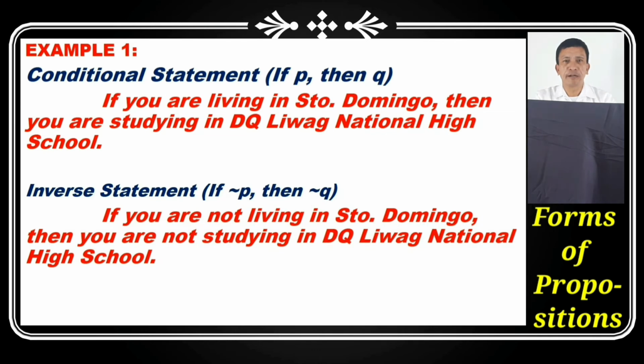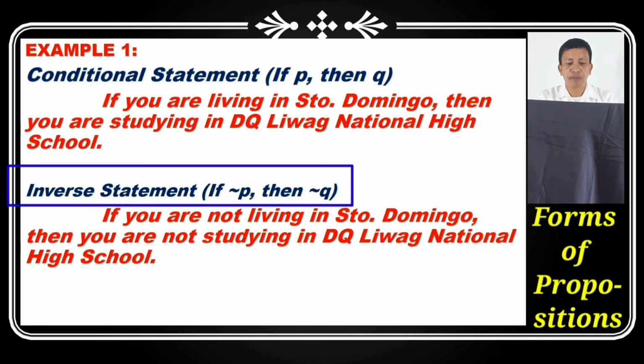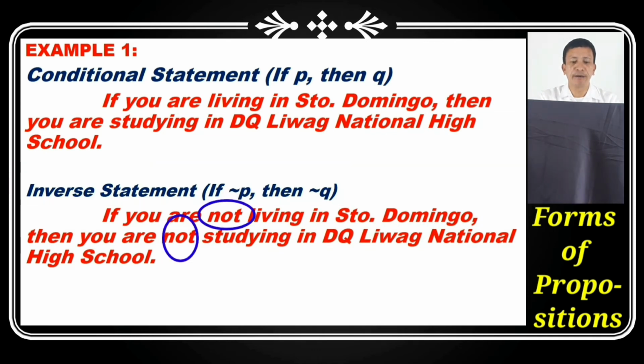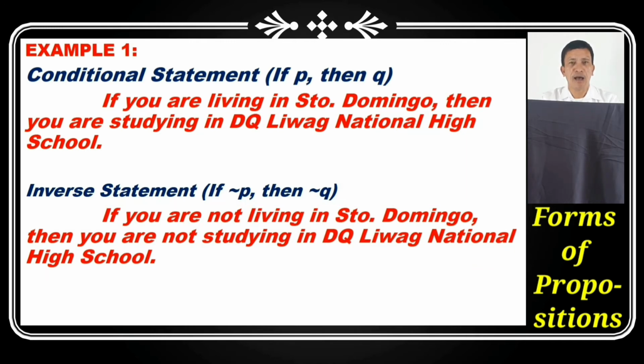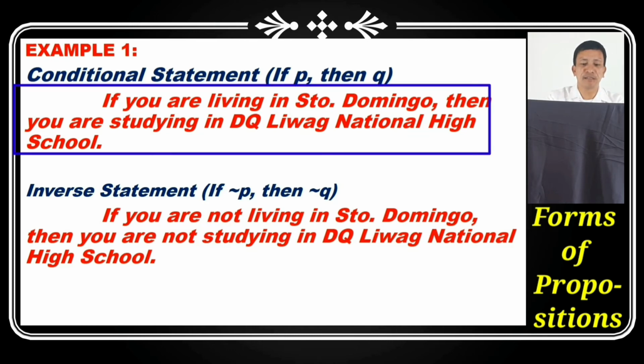For us to convert this into inverse, just insert the word not to the P and Q statements of the conditional. If you are not living in Santo Domingo, then you are not studying in Liwag National High School. Again, as we notice, we just inserted not to both the hypothesis and the conclusion of the conditional statement.